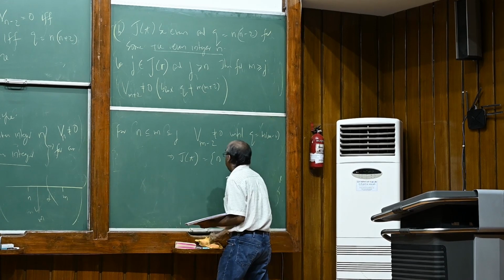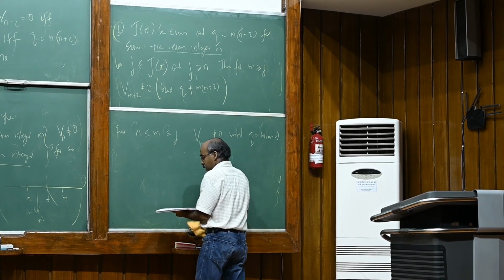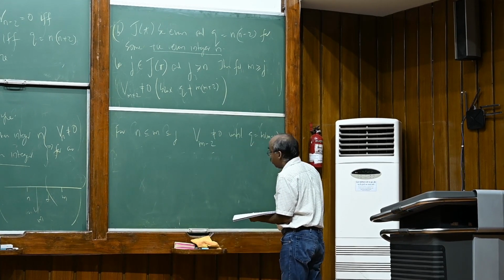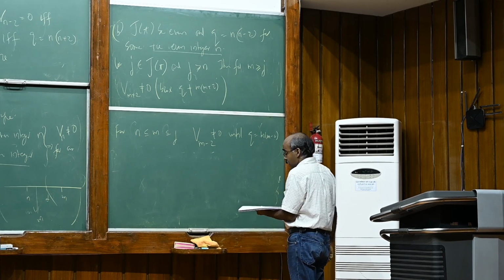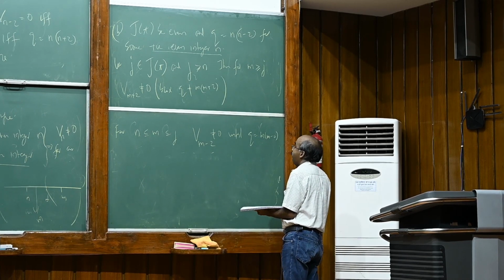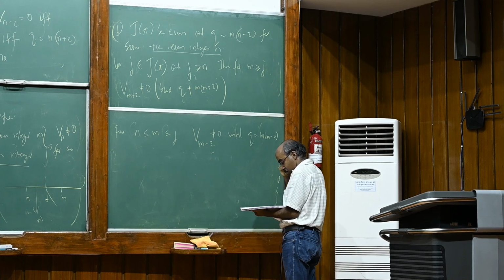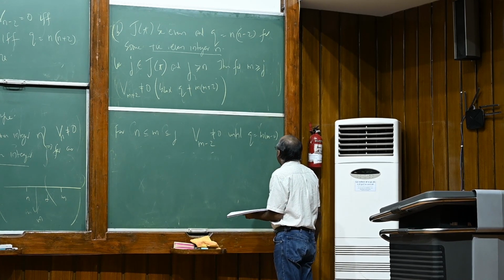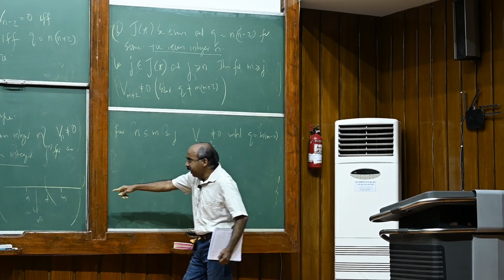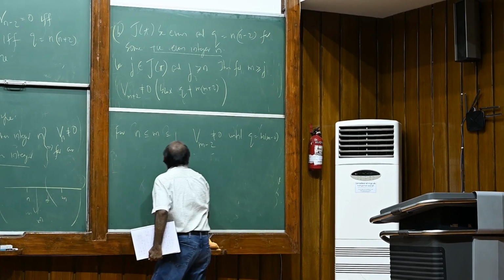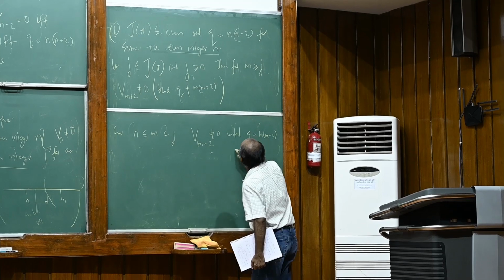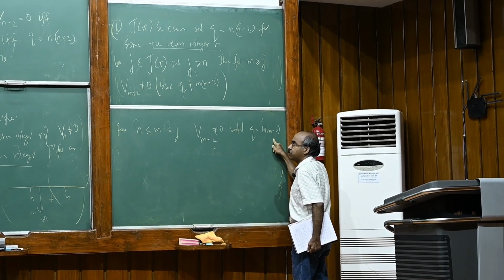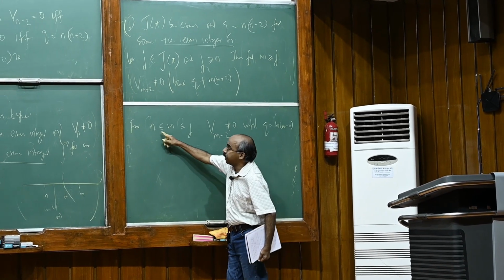No, I need to say Vn minus 2 is 0, right? So where am I? Q cannot be equal to... yeah, okay. So when m is in between, Vn minus 2 can be 0 only when q equals m into m minus 2. And that will happen only when m becomes n.